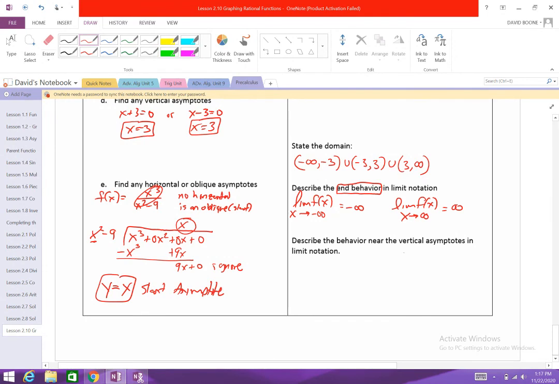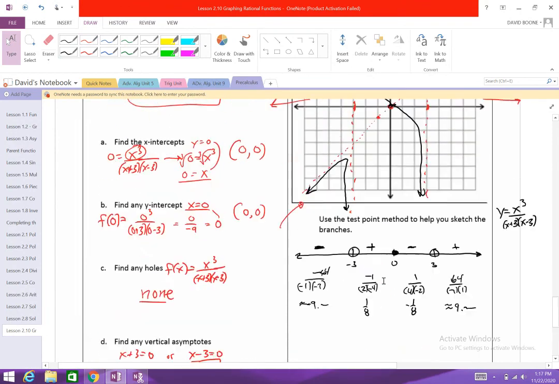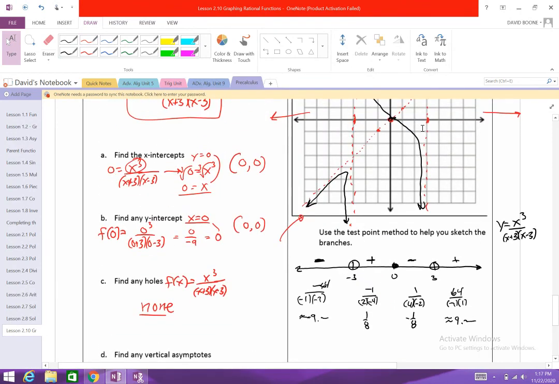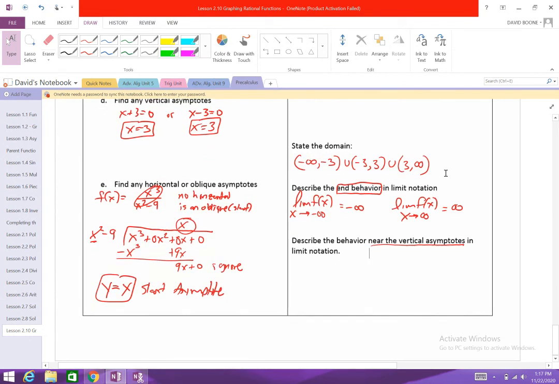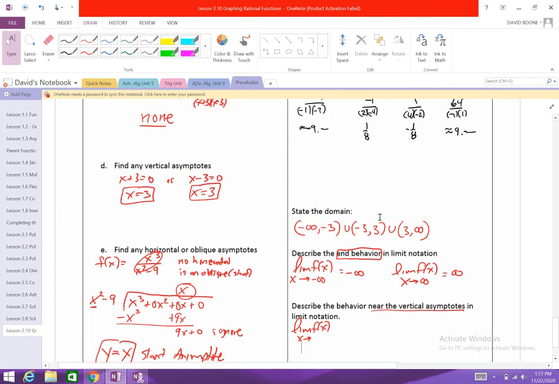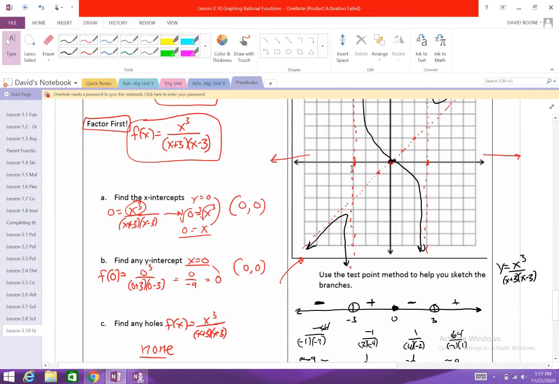And then we have the behavior near the vertical asymptotes. Since we have 2 vertical asymptotes here, I should have 1 from each side here and 1 from each side over here. So I'll eventually have 4 different limits here. So I have the limit of f of x as x approaches, I think my asymptotes here were at -3 and 3.